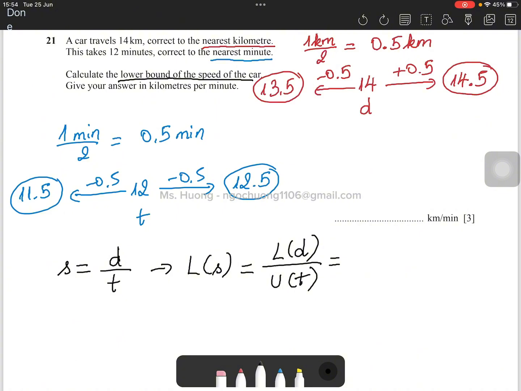So the lower bound of the distance is 13.5 divided by the upper bound of time, which is 12.5. So the answer is going to be 1.08 kilometers per minute.